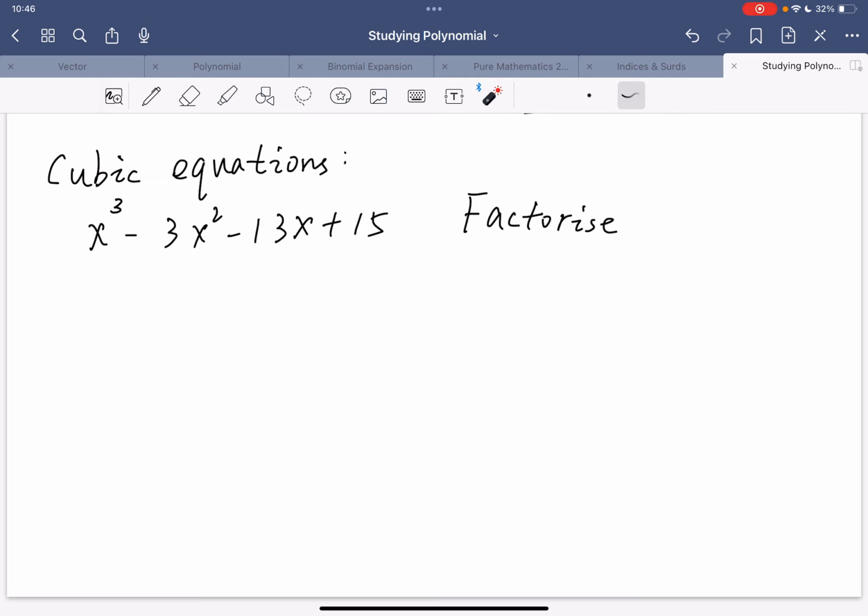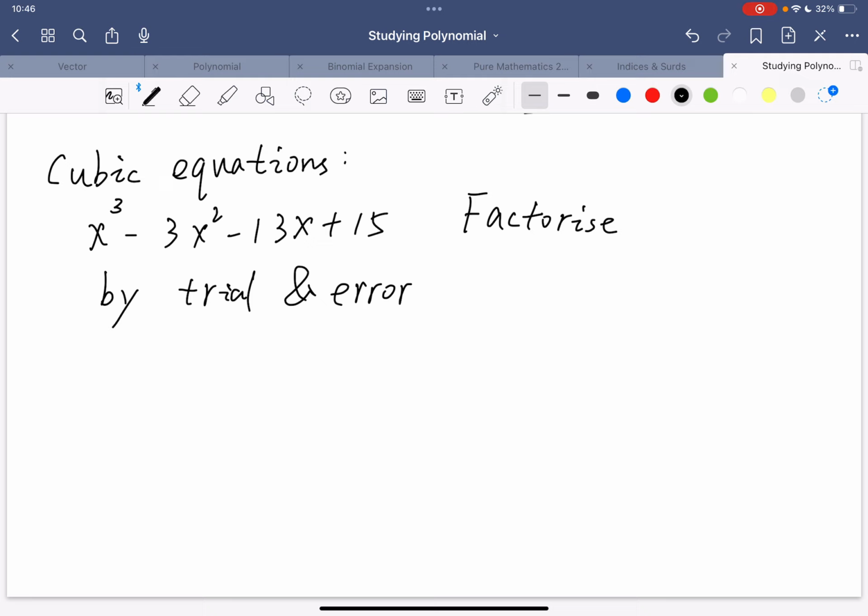There is only one way we can do this. That is, we use the constant term. It's called trial and error.